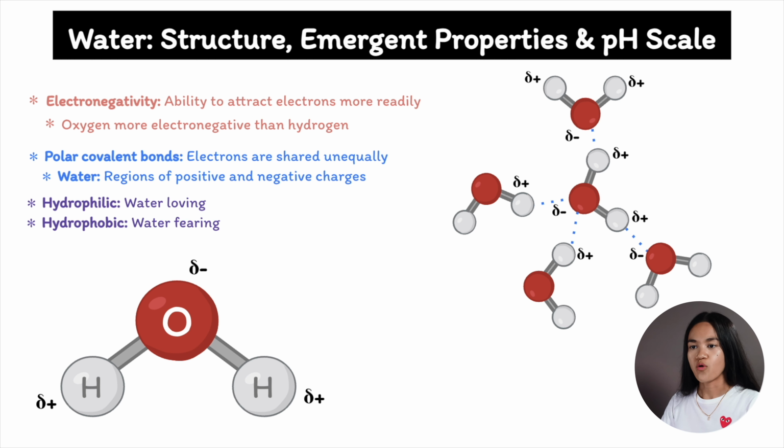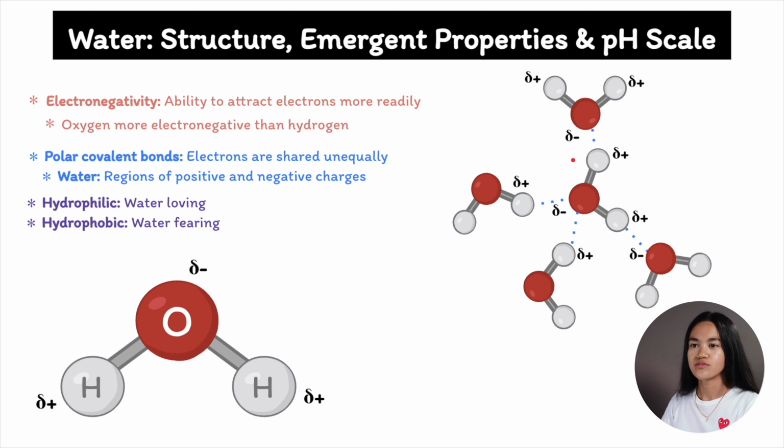Okay, so going back to the structure of water, the oxygen atom has a slight negative charge, delta minus, and the hydrogens have slight positive charges, delta plus, and this is due to its polar covalent bonds. The electrons are not shared equally. Because the oxygen and hydrogen atoms have partial charges, water molecules tend to orient themselves to minimize the repulsion of like charges, so that positive charges are near negative charges.